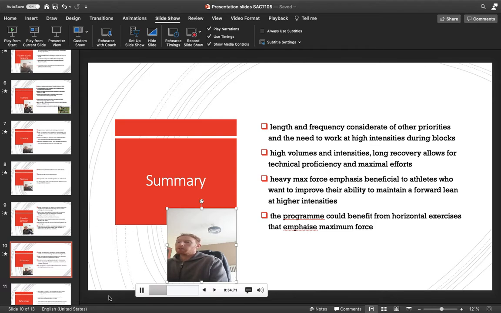And when they do focus on certain qualities in the weight room, they're applying high intensity, with long recoveries, and this program is very supportive of that.